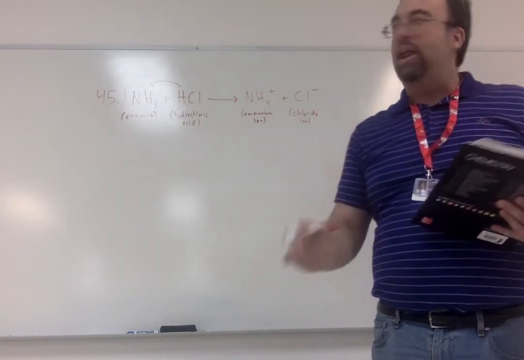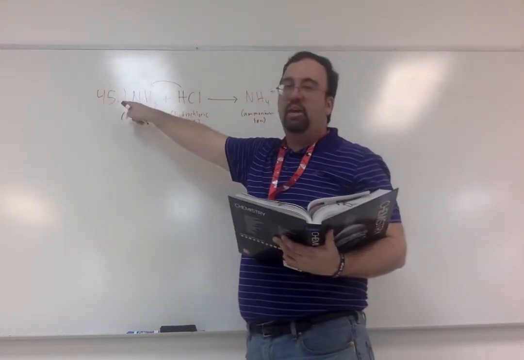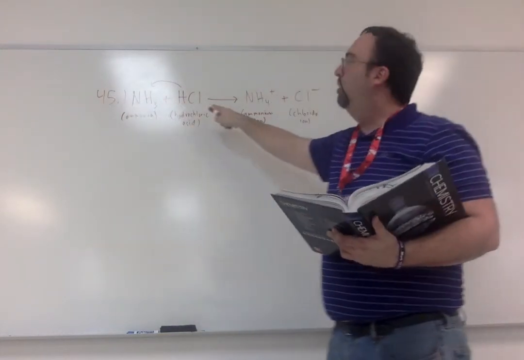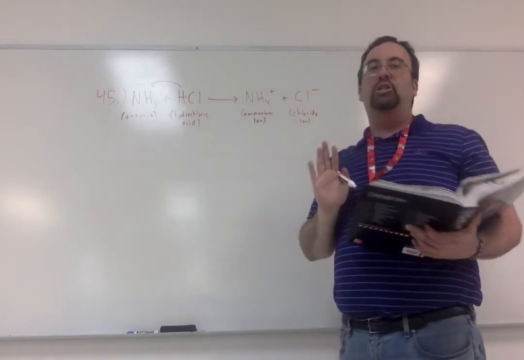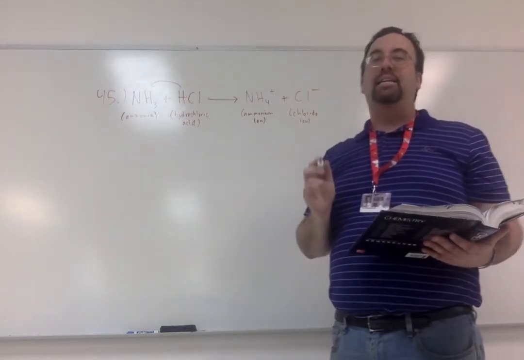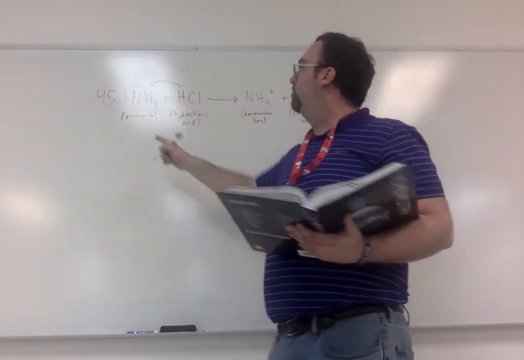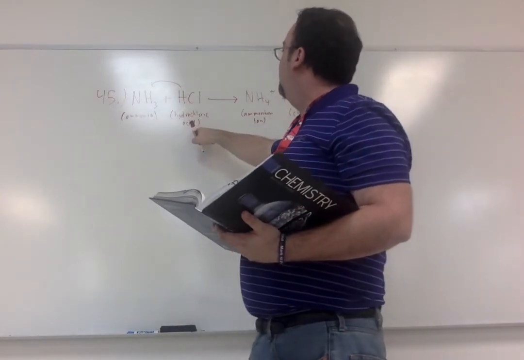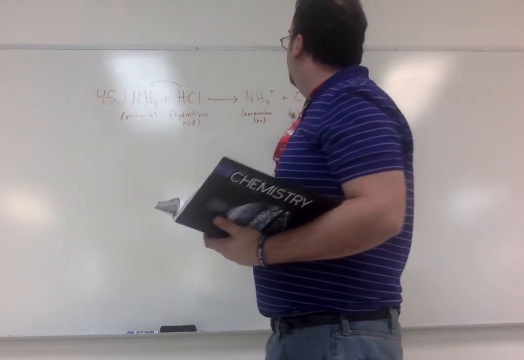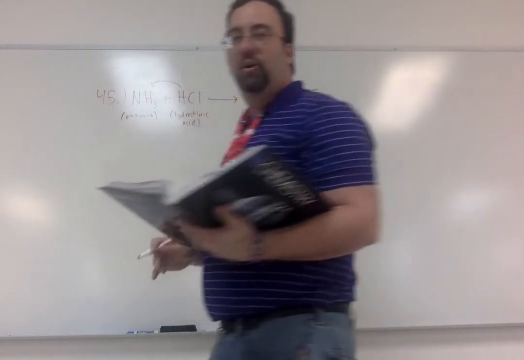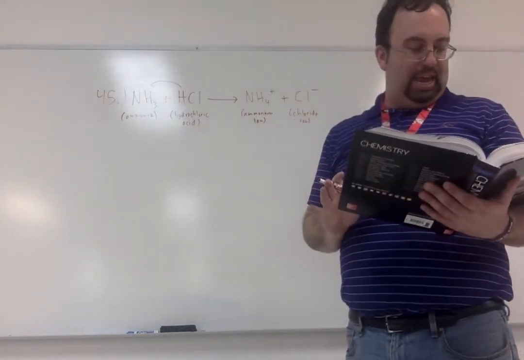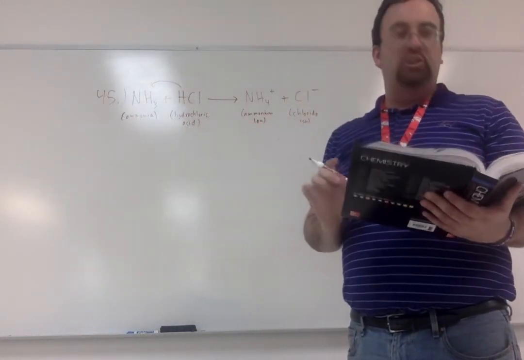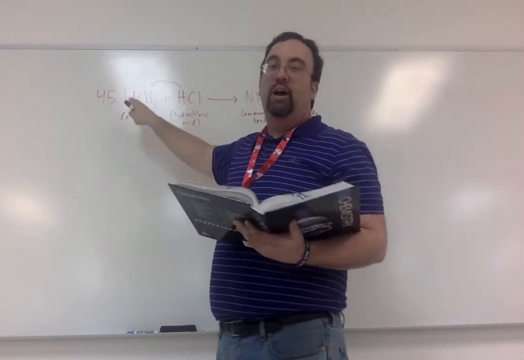However, I want to point out, notice again, everything is 1 to 1 to 1 to 1. And so what we need to do is identify what we have. This is our base, this is our acid, this is our conjugate acid, and therefore this is our conjugate base. We're going to use this information to determine the concentration of the NH3.